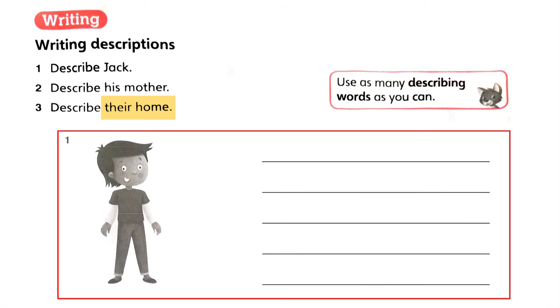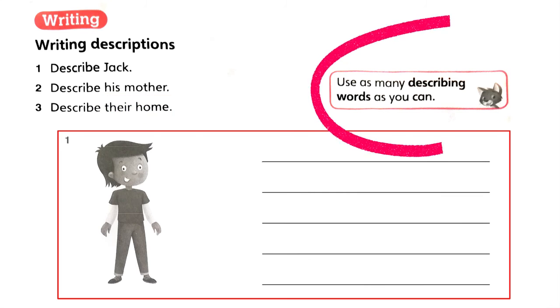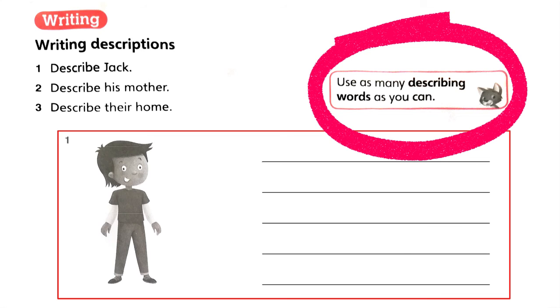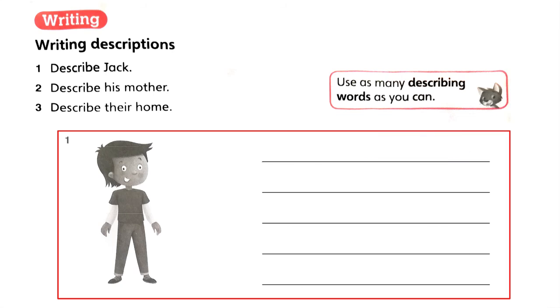So here in the note above they say use as many describing words as you can. So a describing word, you know what a describing word is. I hope you remember that lesson. Okay, right. So tell me, what can you write for the first one? Jack is a short boy.